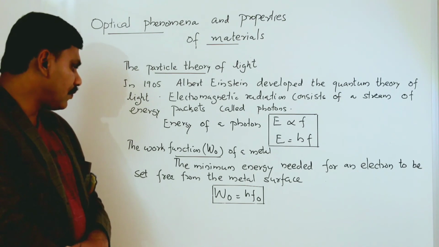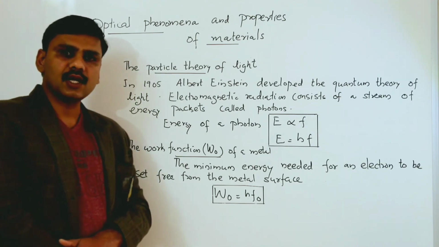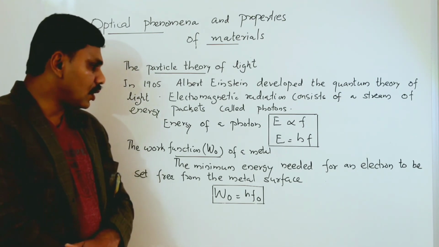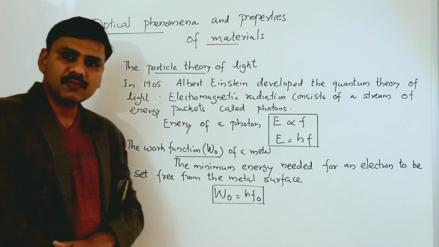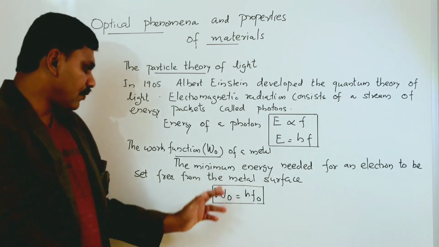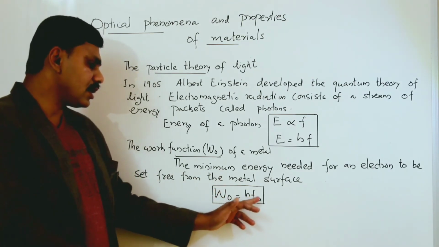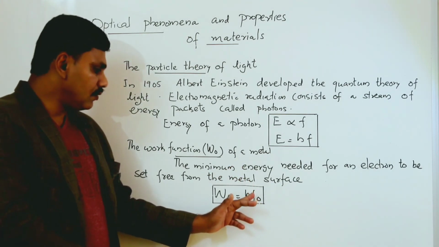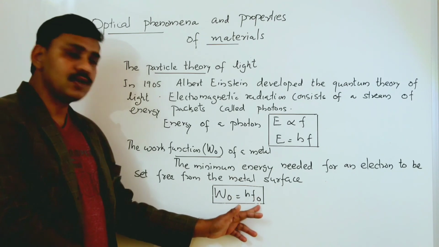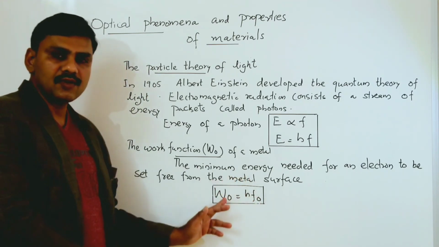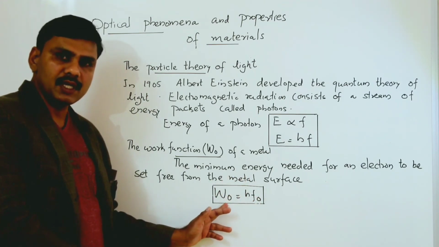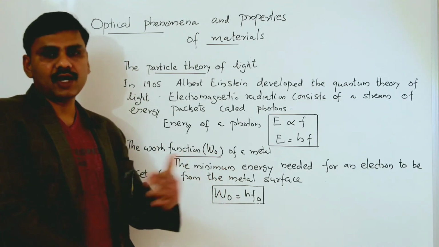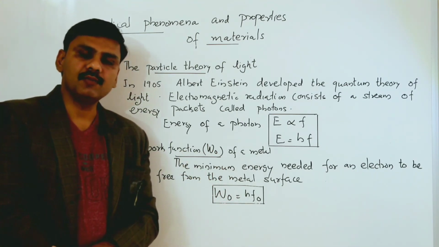So the work function is the minimum amount of energy required to release the electron from the metal surface. So work function is equal to hf0. f0 is the threshold frequency. So if the frequency is the threshold frequency, then the energy falling on the metal surface will be the work function. So from one metal to another, work function will be different.